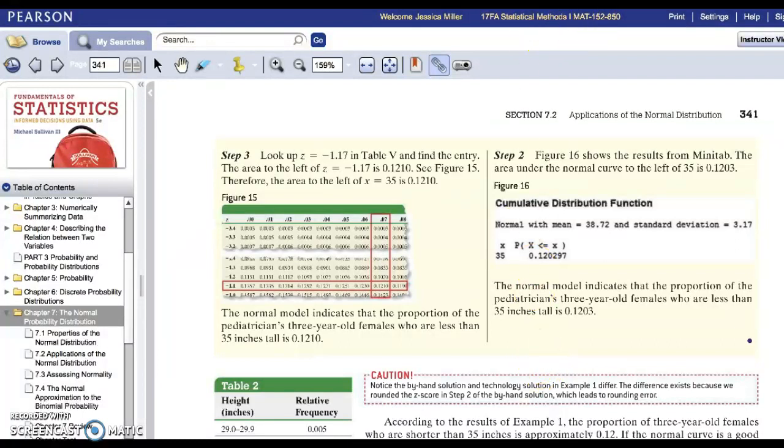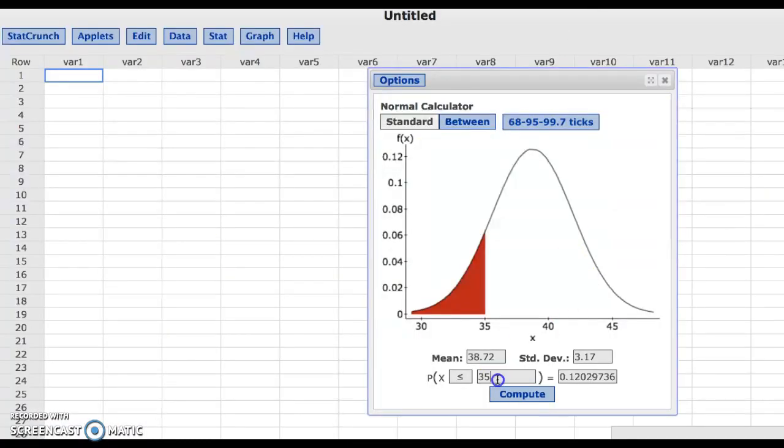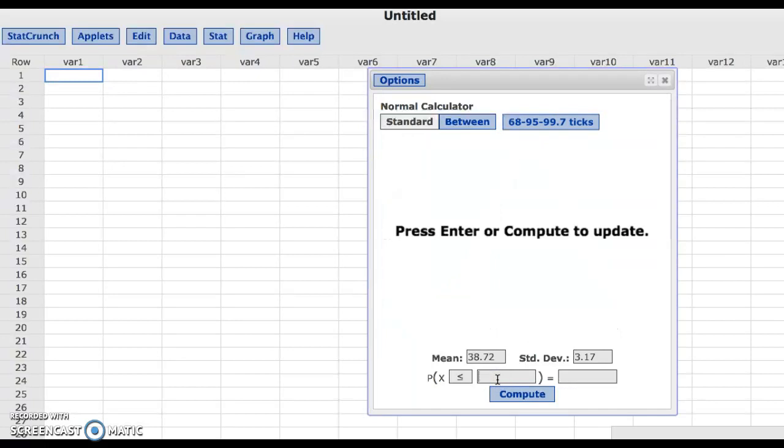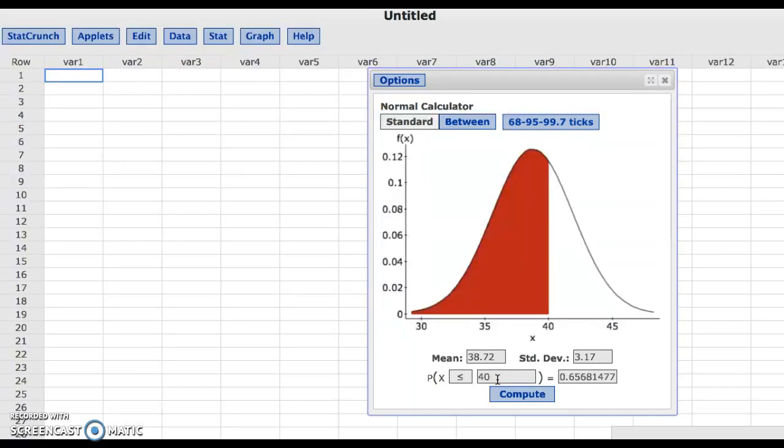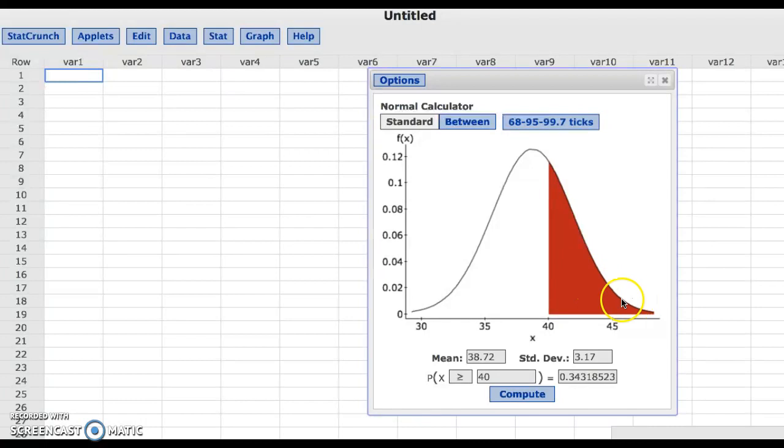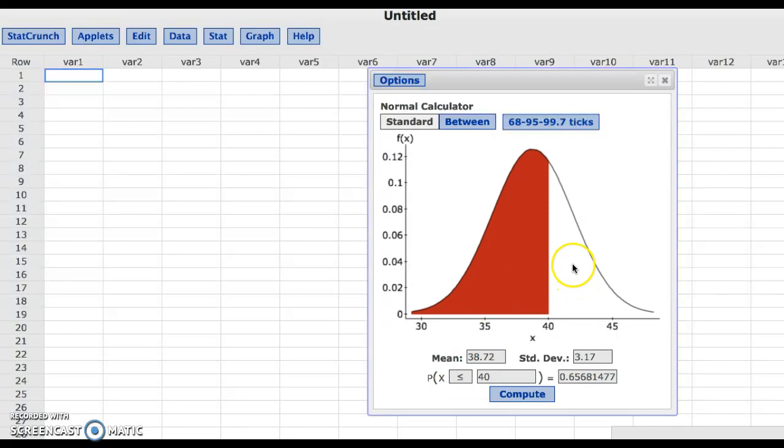So going back to StatCrunch, we now have the capability to calculate, really, if I want to change that, I can. You also have the option to do greater than or equal to instead of less than or equal to. So this is very helpful as your problems get more complicated because the table method always requires that you do the less than or equal to and then calculate complements based on this.